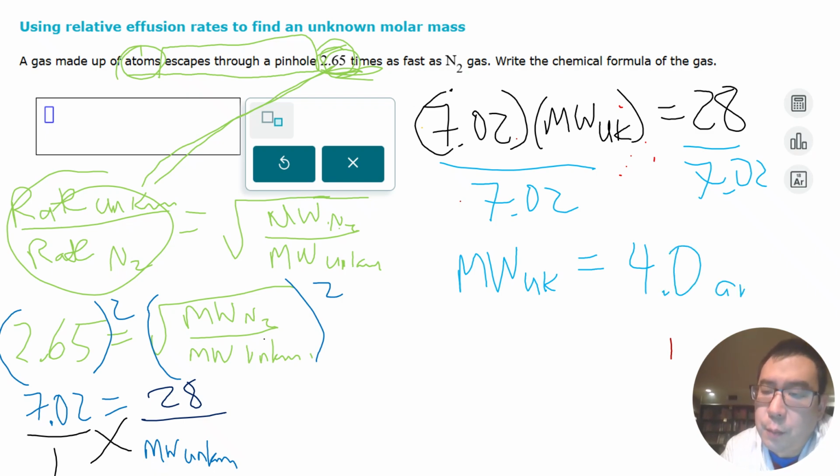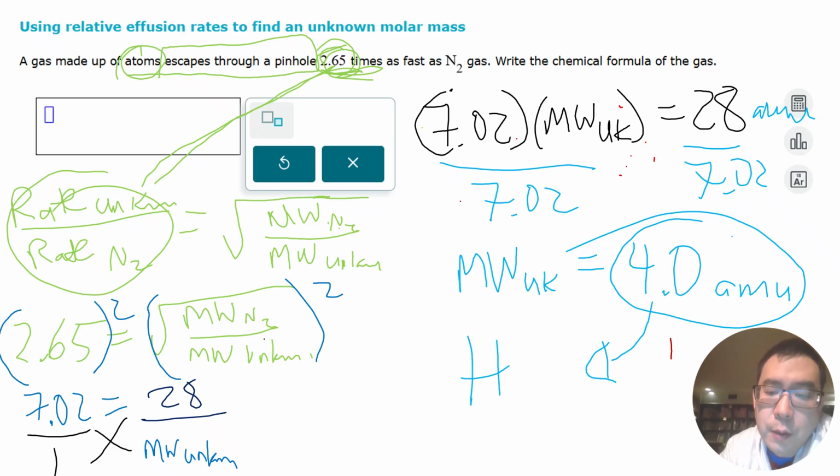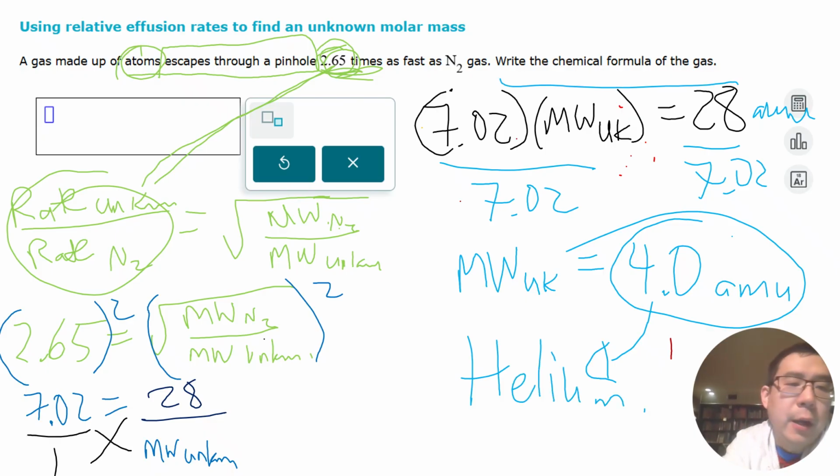And that's AMU, because this is AMU. So the molecular weight of the unknown is 4.0. Is there an atomic gas, a gaseous element, that has an atomic weight of 4.0? Indeed there is. If I look it up on my periodic table, helium. And so the chemical formula of the gas is He.